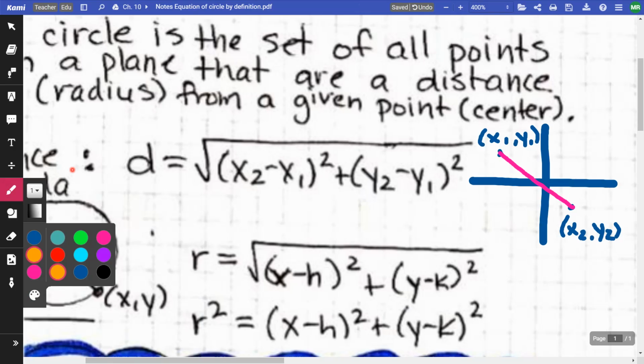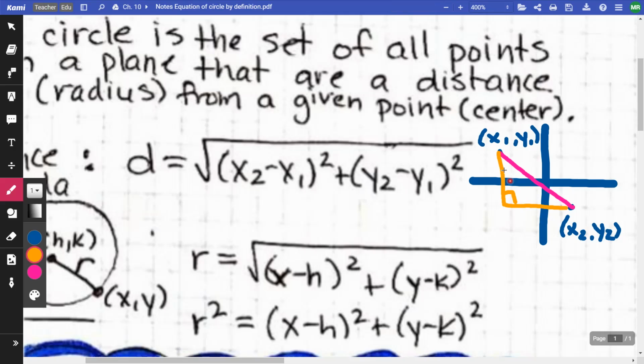What we normally do is make a right triangle and figure out this distance here, which is basically us subtracting these 2 coordinates. When I say subtracting, the y1 and the y2 is what I'm subtracting to get this distance. For this distance, I'm taking my x1 and x2 and subtracting.